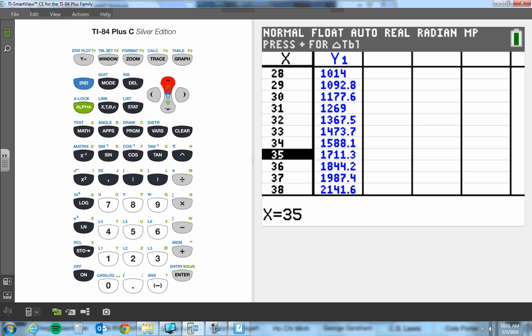Let me get back to 18. Yeah, it just wasn't keeping up, and I didn't realize how far ahead of it I was.